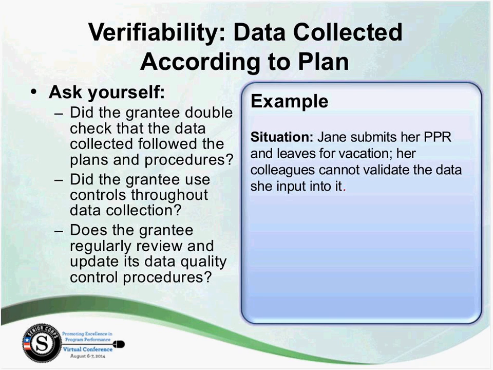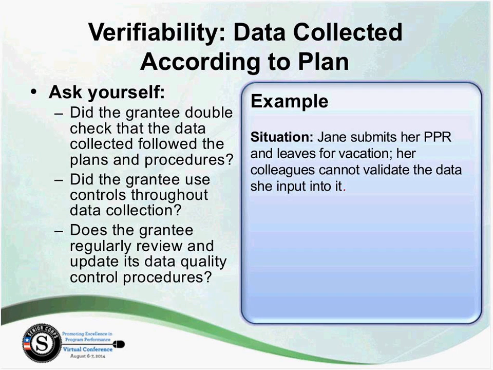The final element says that the grantee representative, which is the executive director or project director, would be willing to stand behind his or her data because he or she took the steps to check along the way that what was gathered reasonably reflects the program's results.